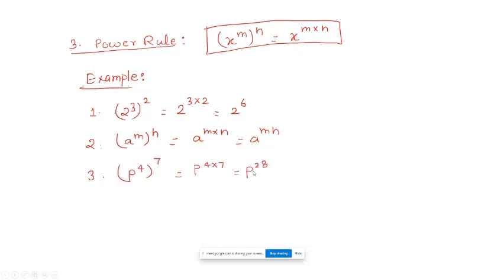Understand? Let's have one more example. If I have p to the power of 2 to the power of minus 3, what will happen? P to the power of 2 times minus 3. It means p to the power of minus 6.